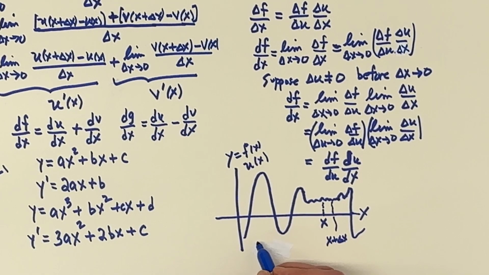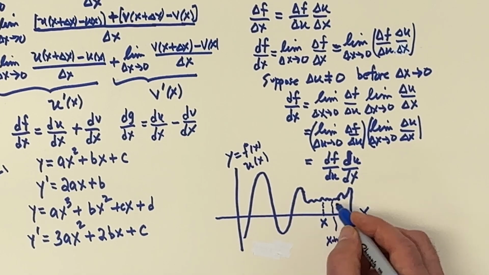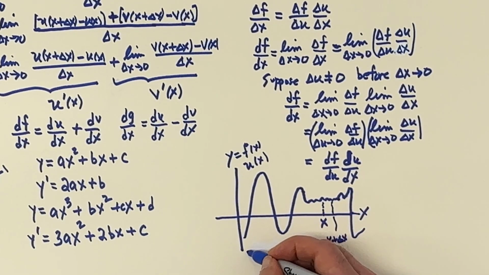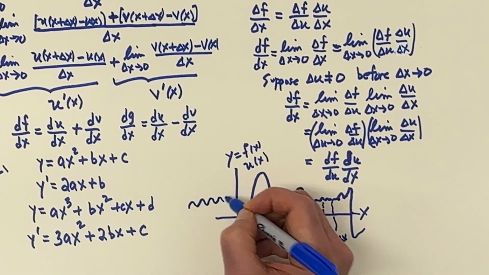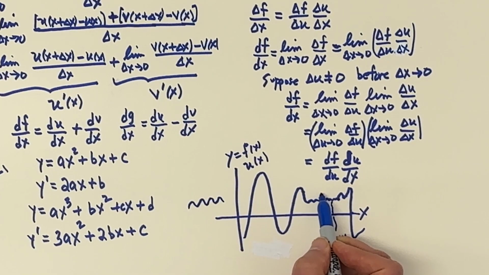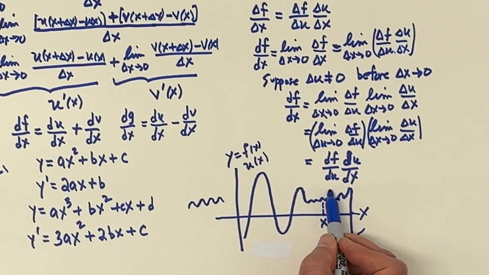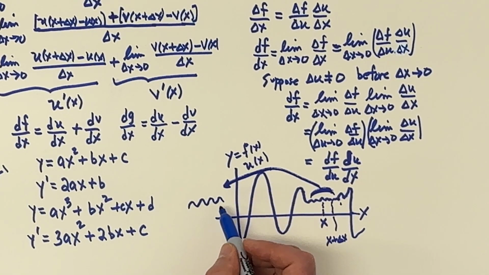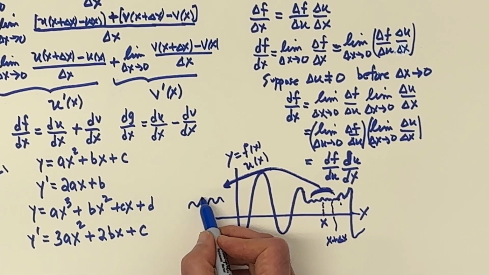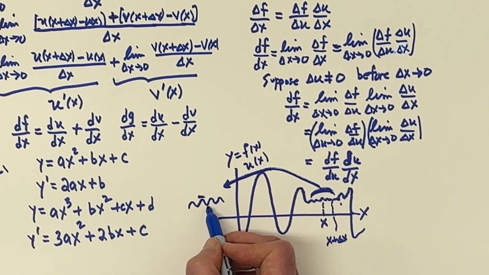And you can think of that by saying, if I blow this section up, say I blow that section up and I have something like this, so I just make a magnifying glass on this section here, come over to here. The slope of u is 0 whenever it's flat. There's no slope.